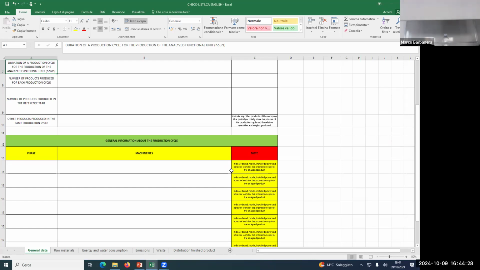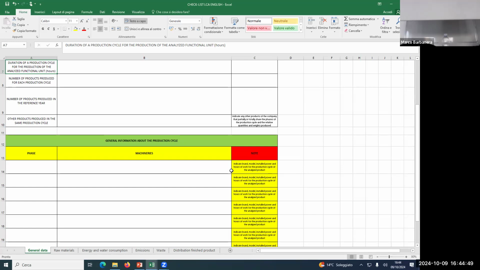The company knows the total electricity consumption of the industrial plant, but the company does not know the electricity consumption for each machinery.